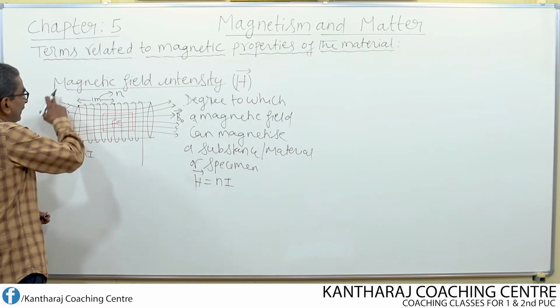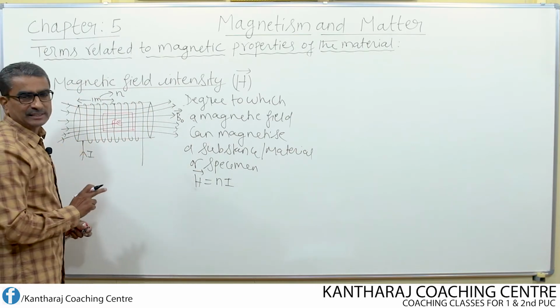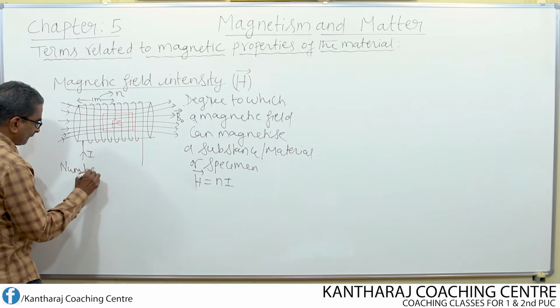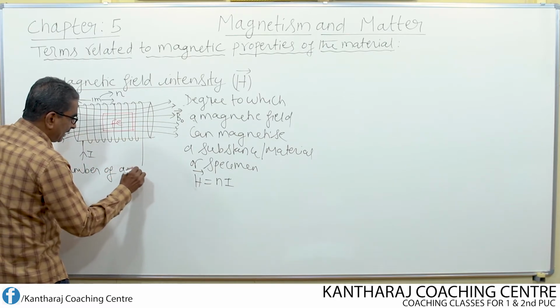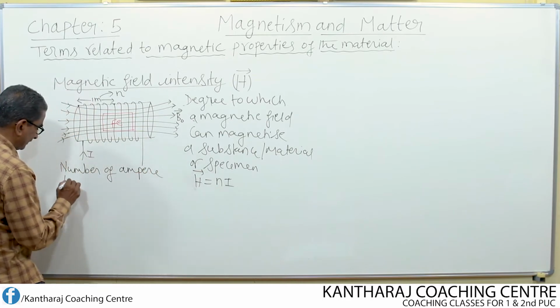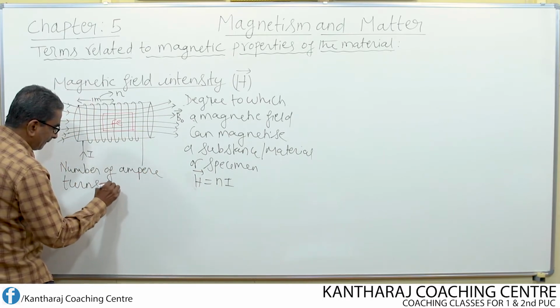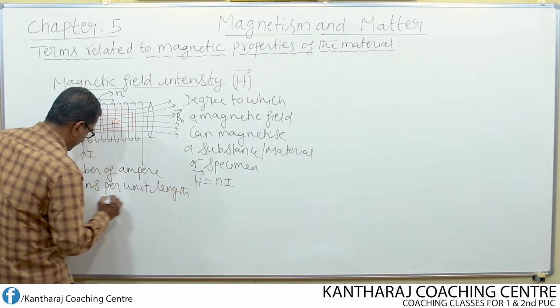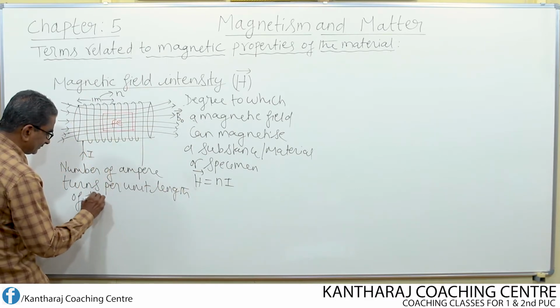There is one more way of defining this magnetic field intensity. What is that? The number of ampere turns per unit length of the solenoid.